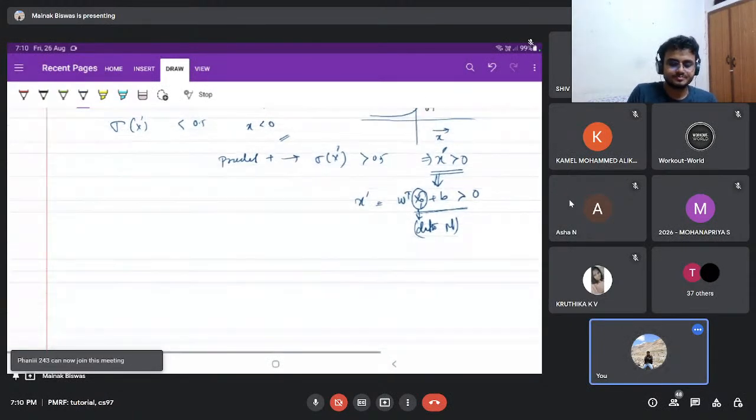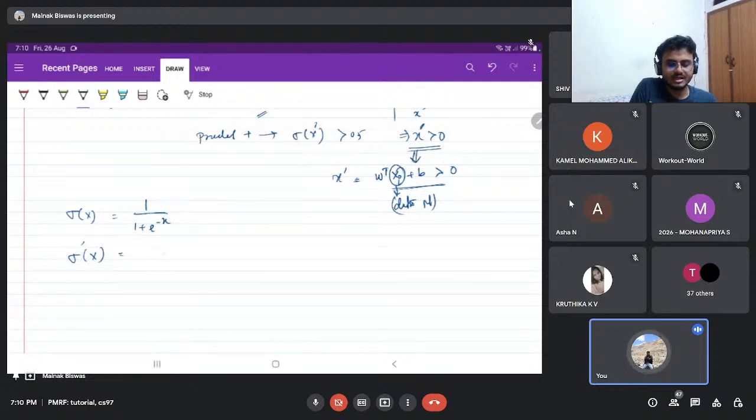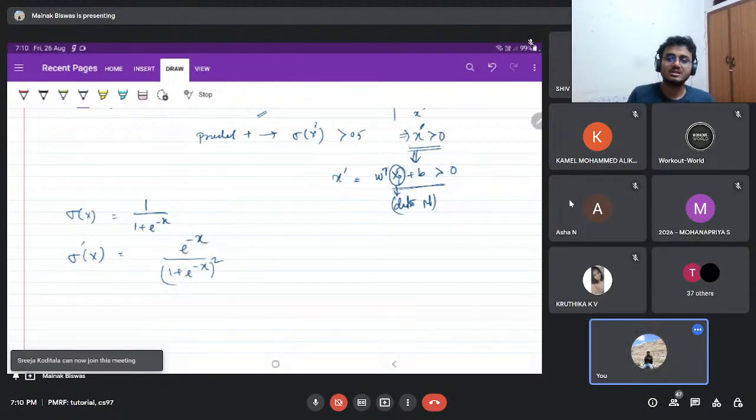Let's consider the derivative. This will be required in the next class. If you take the derivative, this is equal to 1 by (1 plus e to the power minus x) square, and by chain rule you take the derivative of e to the power minus x.